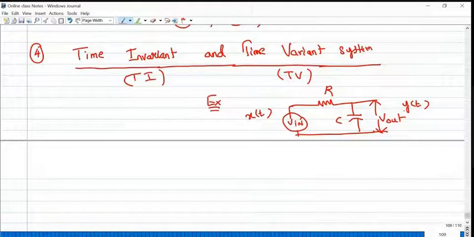System level representation. For a fixed value of R and C, we are doing some experiment today, and tomorrow we come and, using the same value of R and C, we do some experiment. So we will get the same output, unless the properties of R and C are changing.